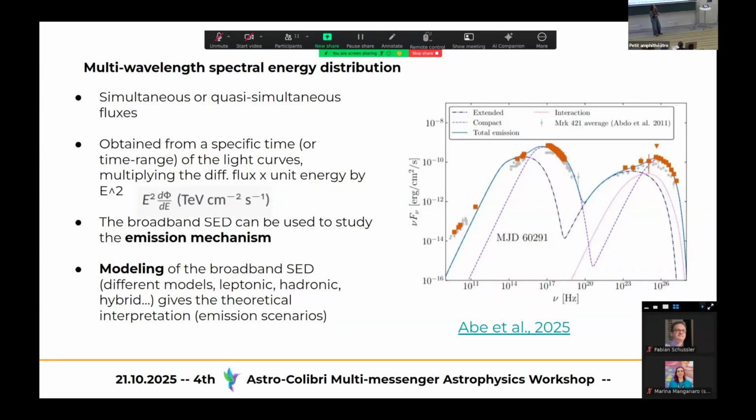This is from the paper before, so there are enough points to constrain the theoretical models, but many times you don't have enough points to constrain theoretical models. So basically you can model whatever you want, whatever interpretation works. But in this case, the modeling was fine. This is just an example.